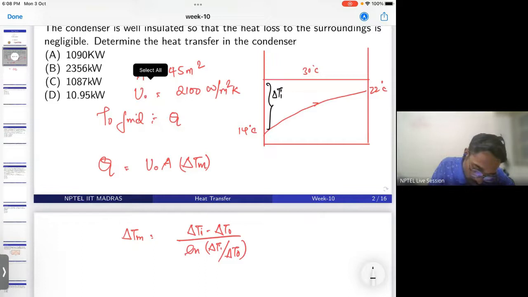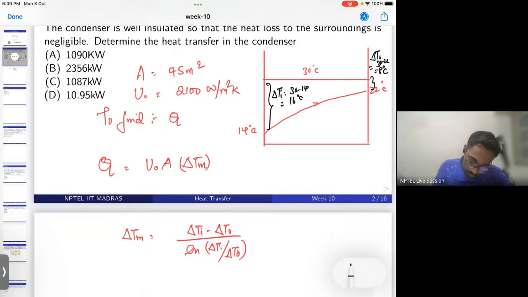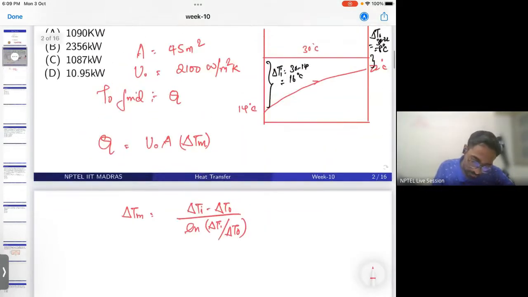Delta Ti is 30 minus 14, which is 16 degrees Celsius, and delta To is 30 minus 22, which is 8 degrees Celsius. So 16 minus 8 divided by ln(16/8) gives the log mean temperature difference as 11.54 degrees Celsius.